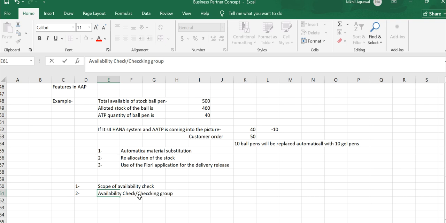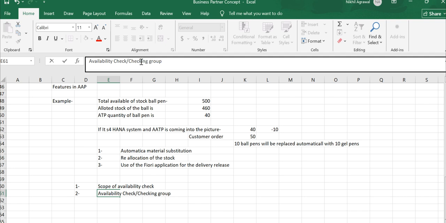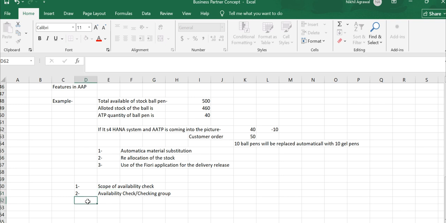What is the significance of checking group? We will discuss in detail today the complete aspects of the checking group, how it works, what is the significance of it, why we use it, why it is mandatory to use.